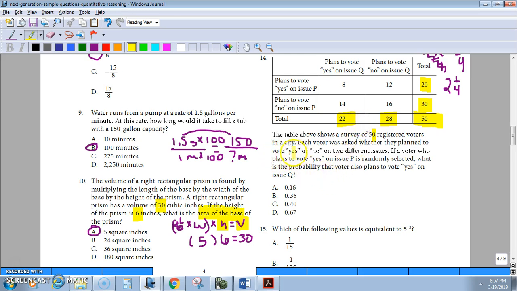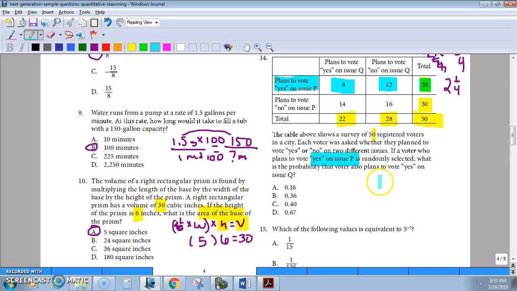So they plan to vote yes or no on 2 different issues. We don't care what the issues are. If a voter who plans to vote yes on issue P is randomly selected, so plans to vote yes on issue P is both here and here because these are the people that plan to vote yes on issue P, right? And if you add 8 and 12 together, you get 20.